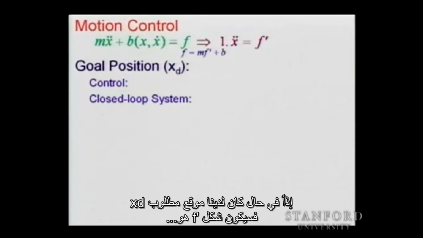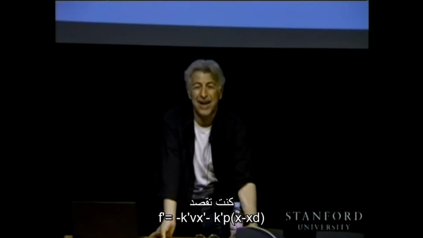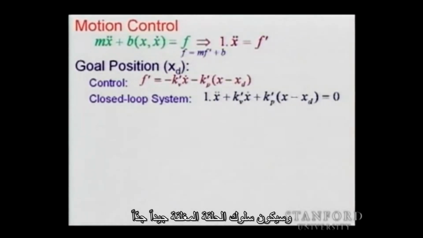F prime will be minus something. Who remembers? I'm sure you remember. F prime is minus kv prime times x dot minus kp prime times x minus xd. So minus kv prime x dot minus kp prime x minus xd, and the closed loop behavior would be very nice. So we linearize the system.